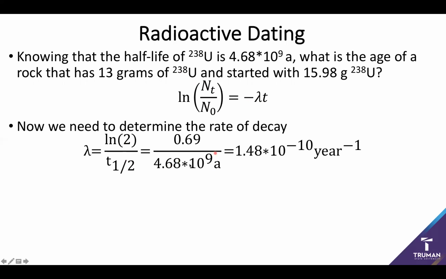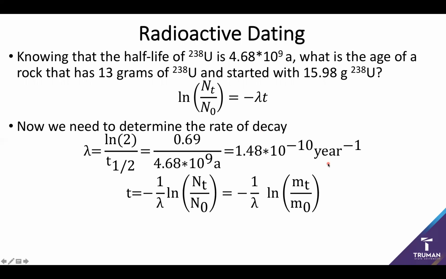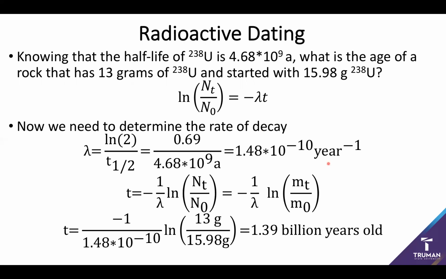Do note that my half-life is going to be in years. So it turns out that the rate of decay for uranium is about 1.5 times 10 to the negative 10th per year. Yeah, that's a pretty small number. But I can then use this to solve for the amount of time that's passed. Plugging in all my numbers, it turns out that the Rockies are about 1.4 billion years old.